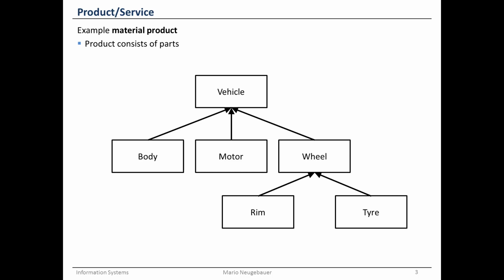Each of these parts is a product itself in a business process before, of course. So this also depicts the bill of material. If you look at this picture, you see that for the production of the vehicle, you need the body, the motor, and the wheels, and the wheel consists of rim and tires. So, really a physical product.